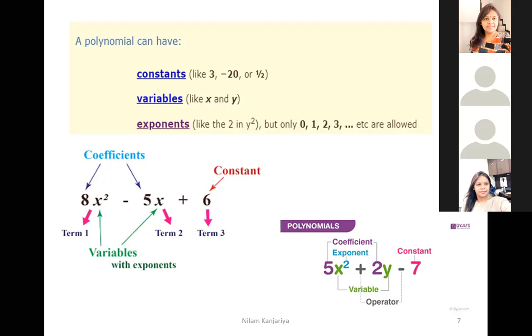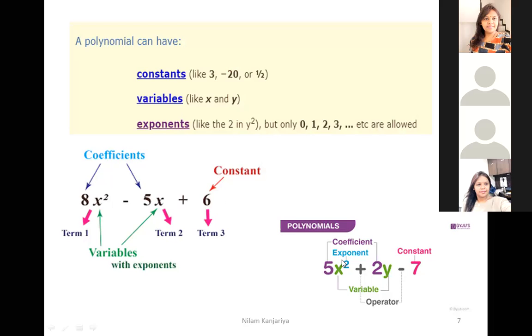Look at the variable, this is x square, whose multiplying term is known as the coefficient. The last term, which has no x variable, is known as a constant, and x is known as a variable.